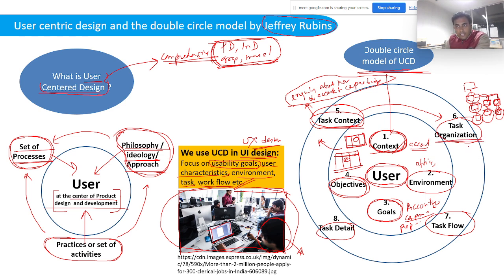The next activity is identifying the task flow. So basically you now want to concentrate on the particular task flow. Okay, so basically there are now three task flows: task flow 1, task flow 2, task flow 3.